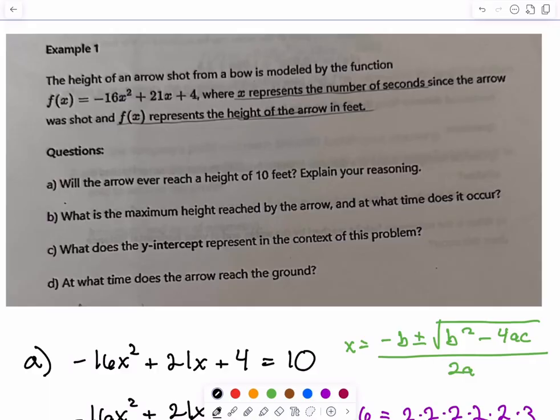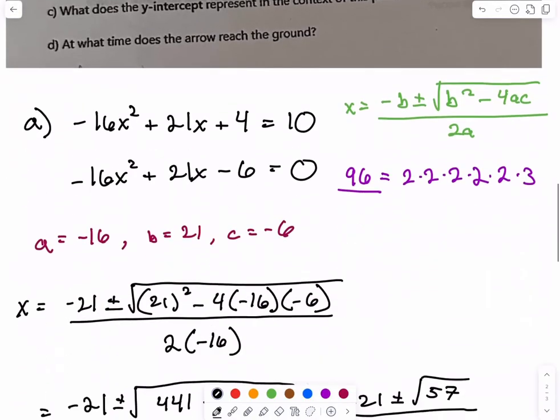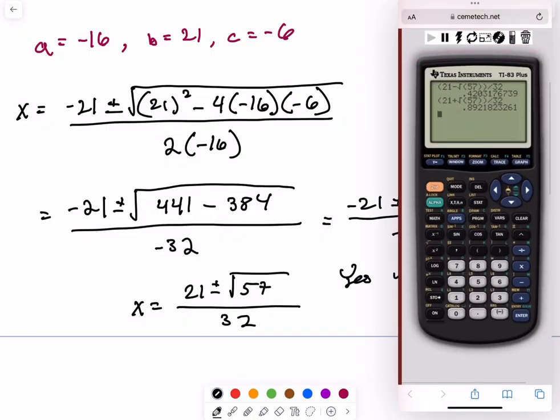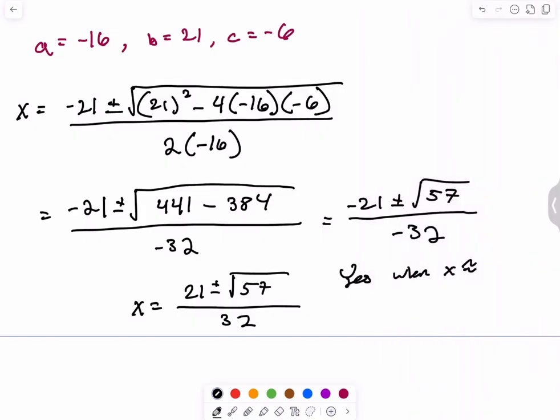So it says, will the arrow ever reach a height of 10 feet? We will say yes. We would say something like, yes, when x is approximately 0.42 seconds and it's like 0.89 seconds.